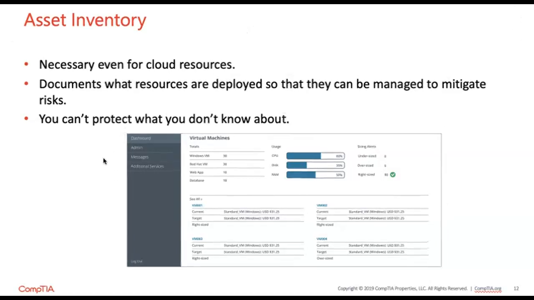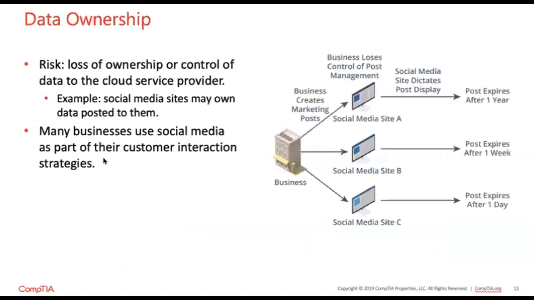So now when we move on to the next page, we're looking at data ownership. With data ownership, you have to think about 3 things, which is the risk and consideration, as well as examples that might be helpful. So a risk in this case would be losing ownership or control over data stored or shared on a cloud platform.